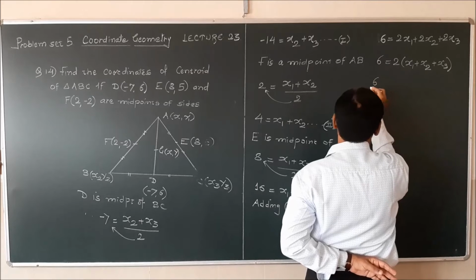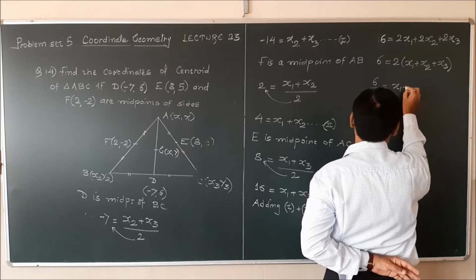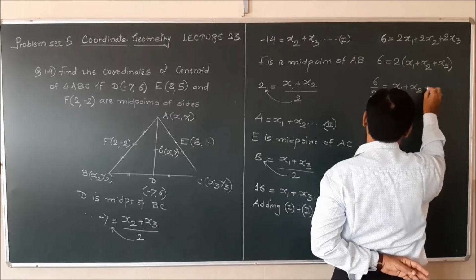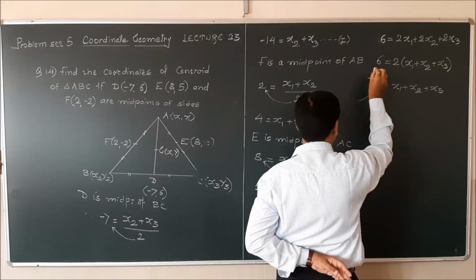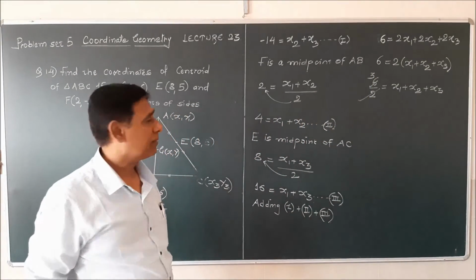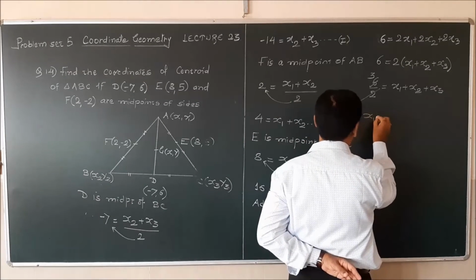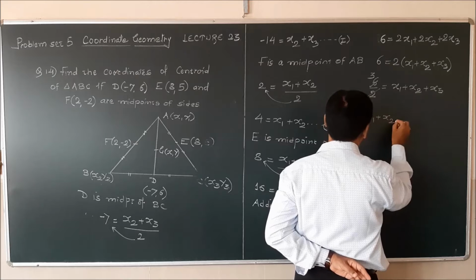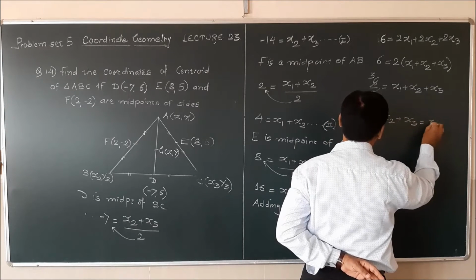If I transfer the 2 to the left hand side, I am getting x1 plus x2 plus x3 as 3, since 2 3s are 6. Very simple.